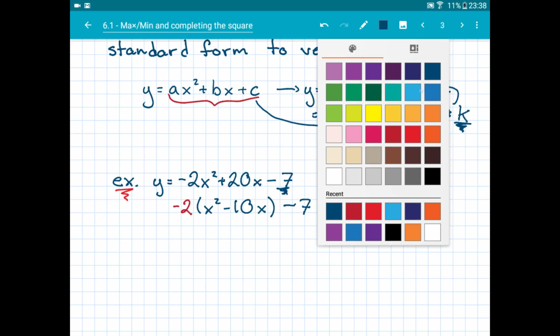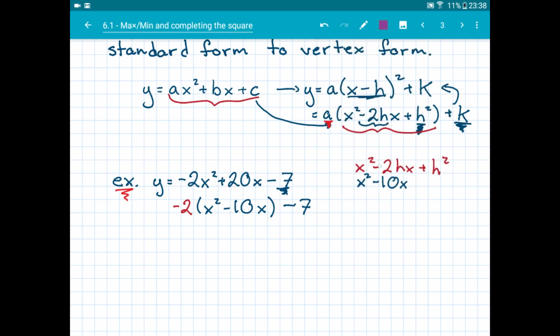And I'm going to take careful consideration and notice that this minus 2h has to be the same as minus 10. Okay, and all I'm trying to do is figure out what number I need to tack on here. So I've learned that minus 2h has to equal minus 10. So h is equal to 5.